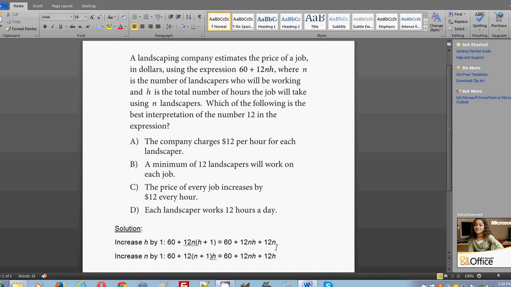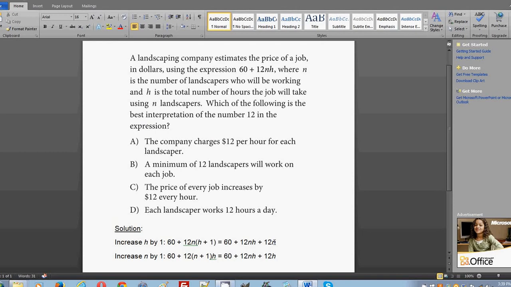Now 12 times n is the additional amount charged by the company, because the n landscapers worked 1 extra hour. So the company would add 12 times n as the additional amount.